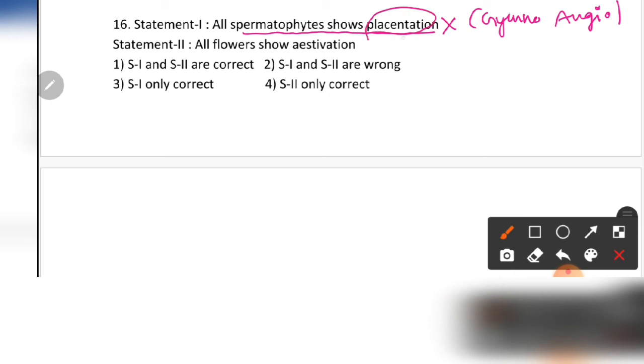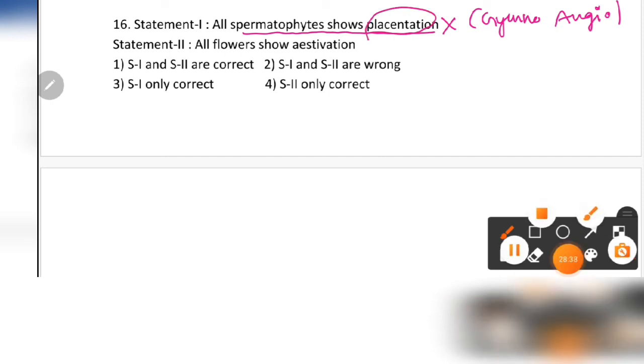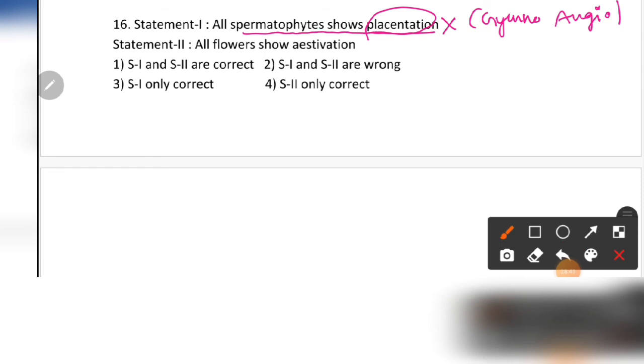Placentation is the arrangement of ovules within the ovary. Gymnosperms have no ovary, while angiosperms have an ovary, so placentation occurs there, but in gymnosperms placentation does not take place.